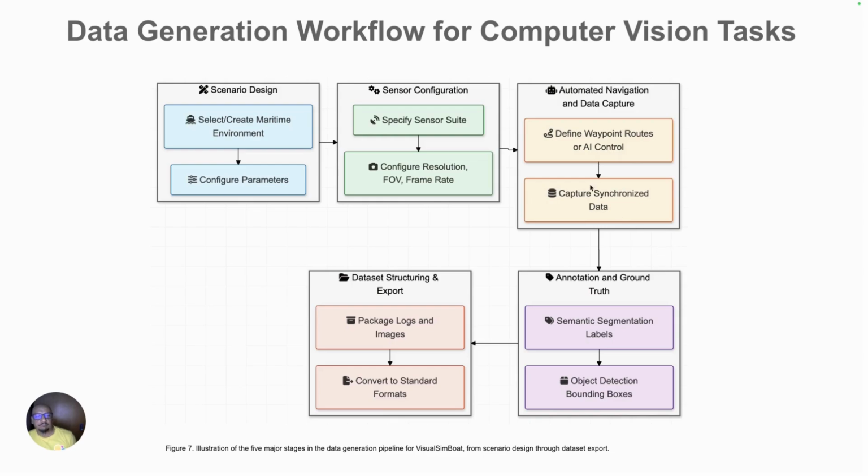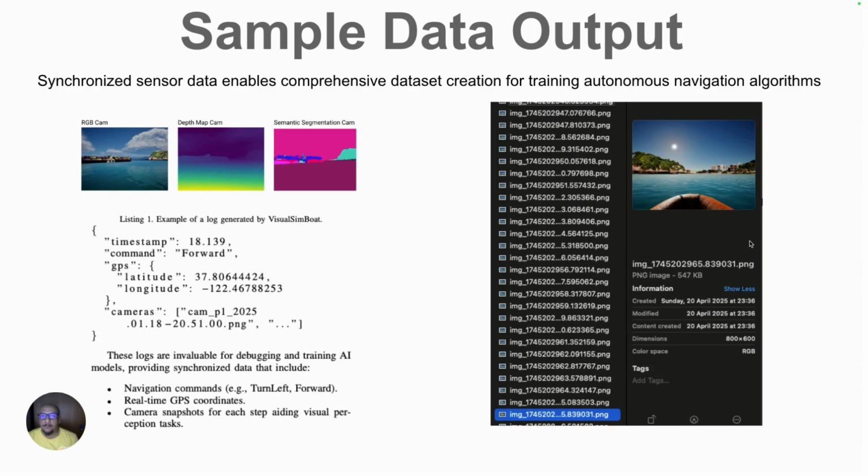All this data can be annotated for ground truth, and I can structure it in a JSON format to use in training in different formats.